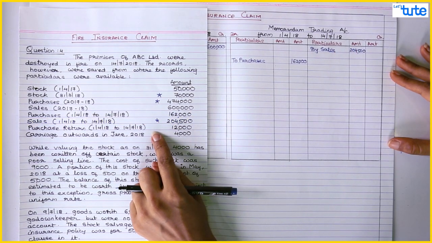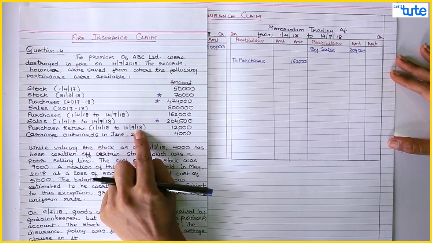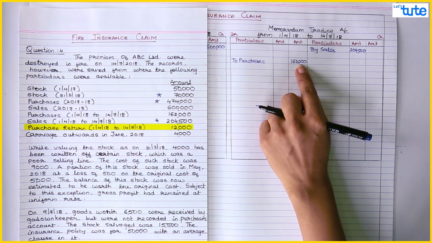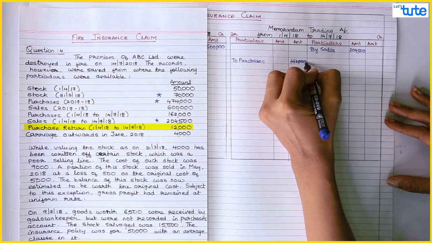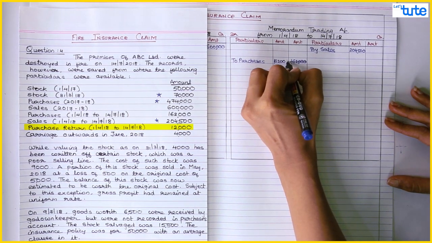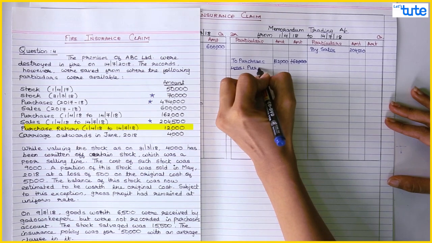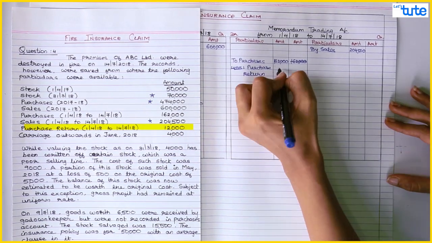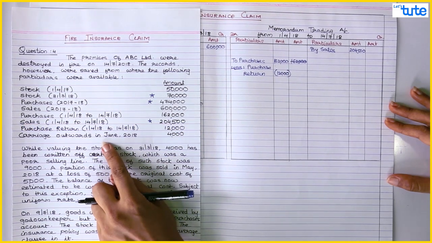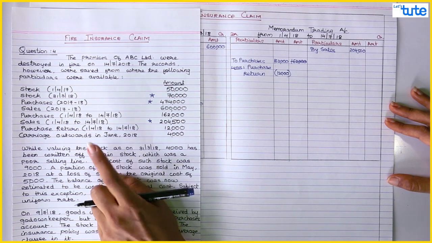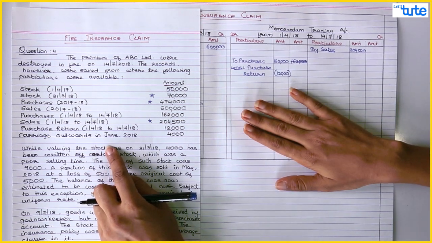Then we have purchase return from 1/4/18 to 14 July 18. So we need to deduct it from this. So we'll write this in the inner column: 1,62,000 less purchase return 12,000. Carriage outward goes to P&L account, so that will not come in your trading account.